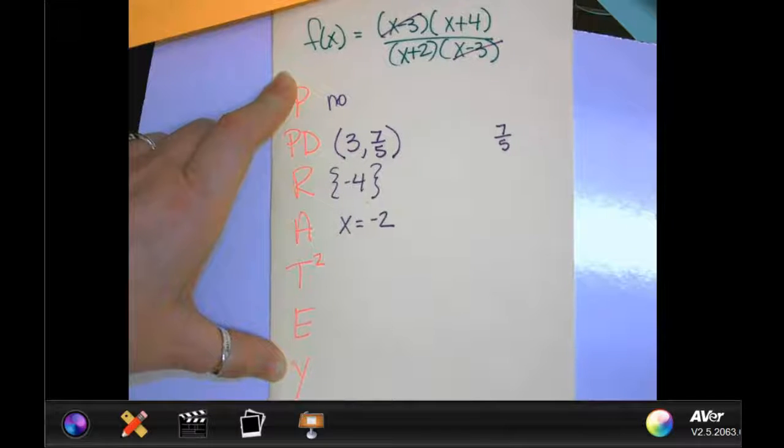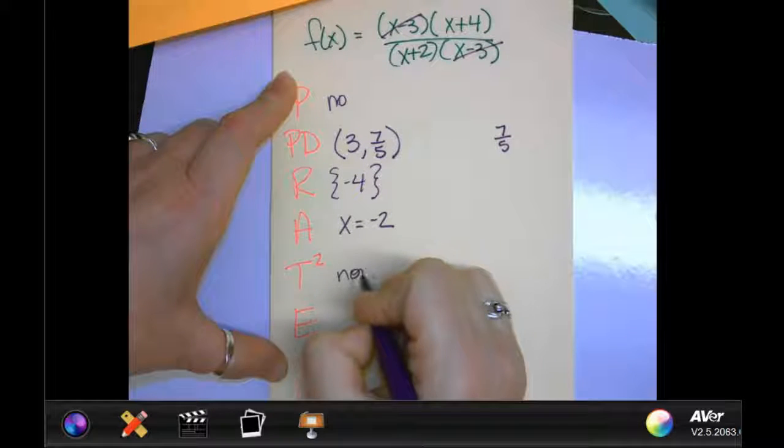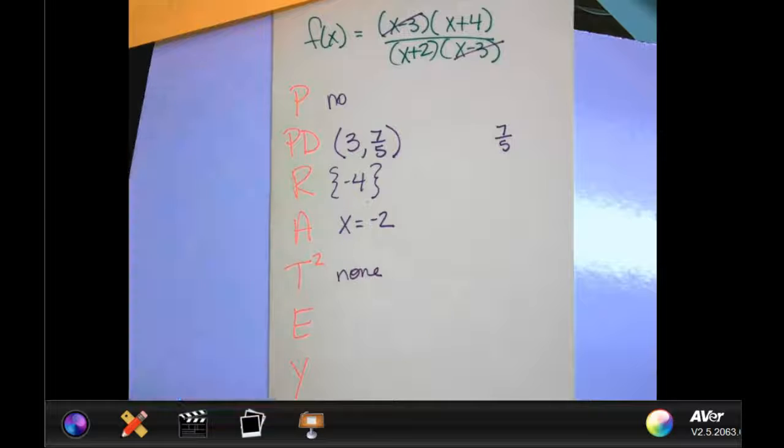Okay, so tangency and togetherness. We're looking for, does it have a squared factor in the numerator or denominator? No, so there's no togetherness. Which means at the asymptote, it has to go in opposite directions. That's telling you something when you go to graph it, right? End behavior. Do we have a horizontal asymptote?